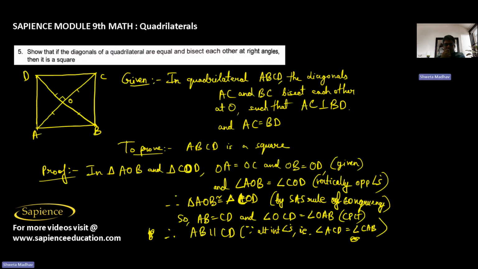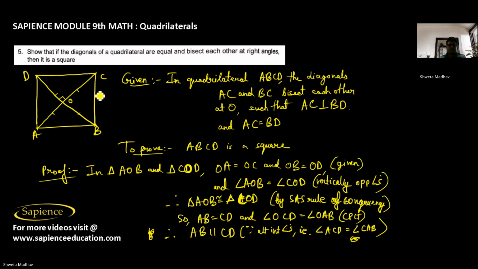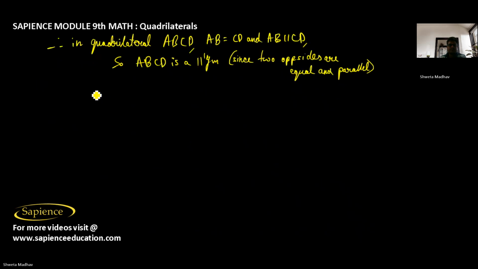Opposite sides are equal and parallel. So therefore, I can say that AD is parallel to BC also, and AD is equal to BC also.